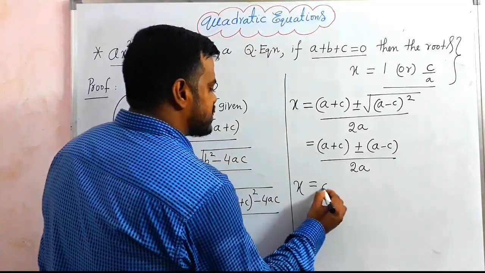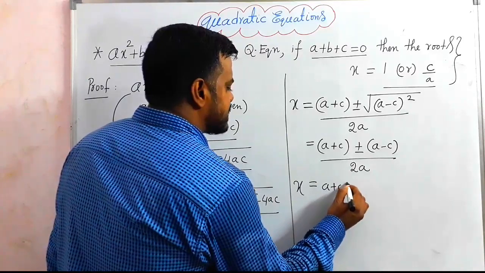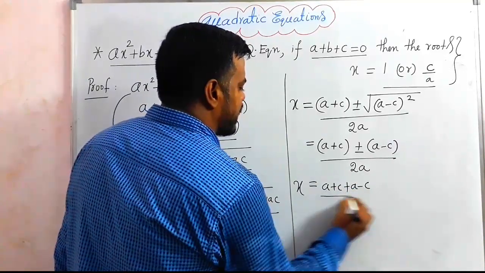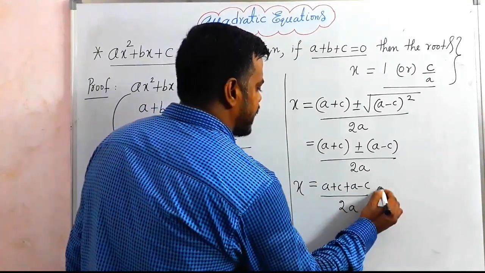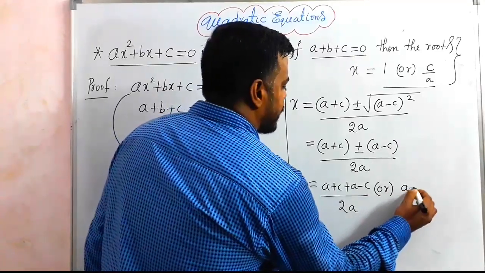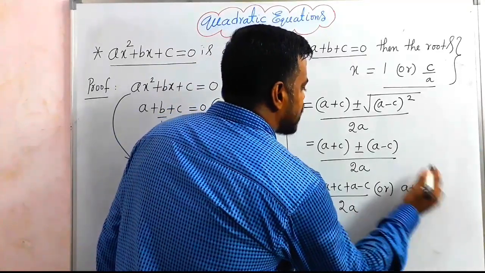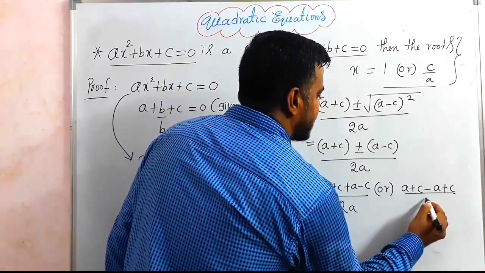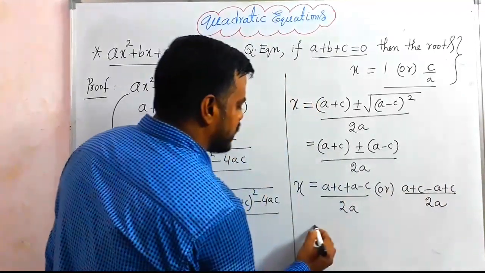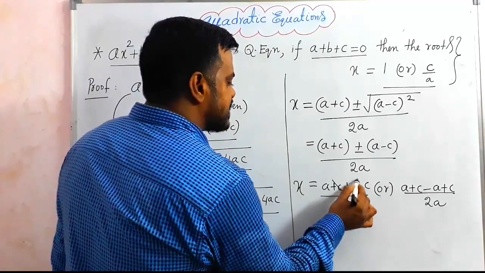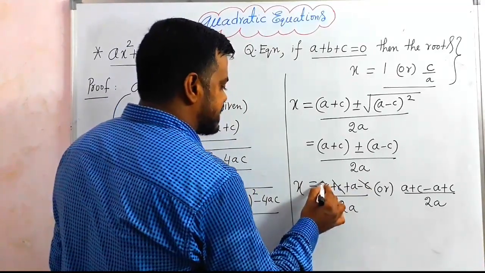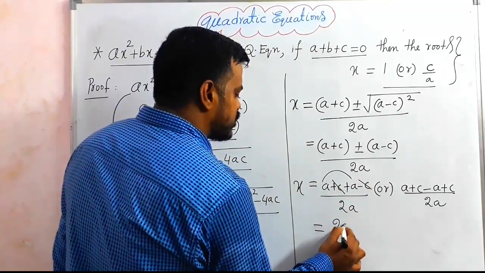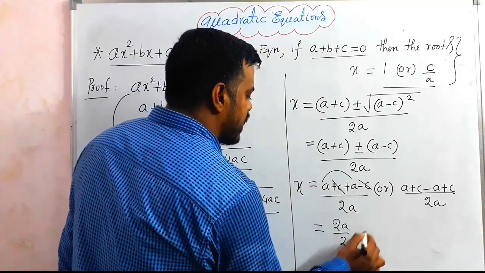So x is equal to a plus c plus a minus c by 2a, or a plus c minus of a minus c, that you can write as minus a plus c by 2a. Then plus c minus c gets cancelled: 2a plus a, 2a by 2a.